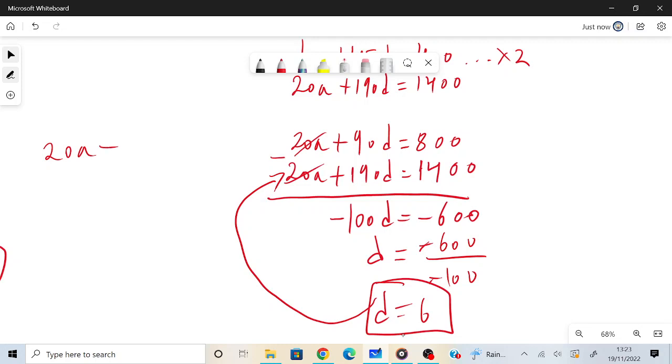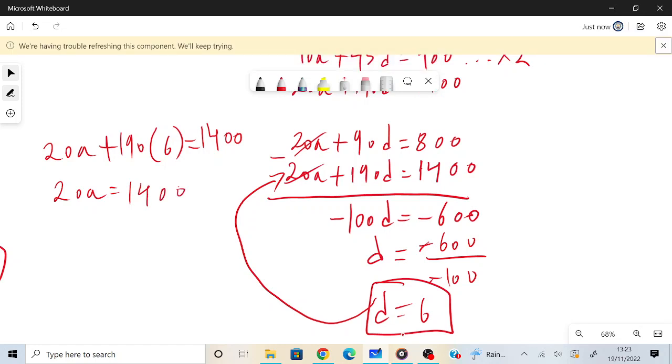20a plus 190 into 6 equals 1400. 20a equals 1400 minus 190 times 6, that should be minus 1140. 20a is equal to 1400 minus 1140, that should be 260.